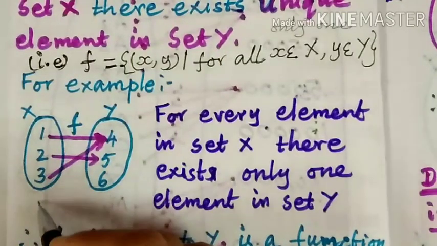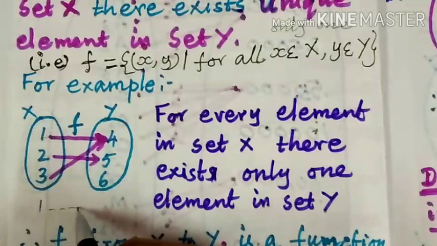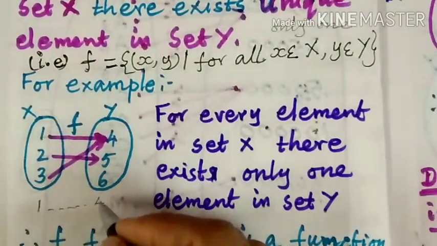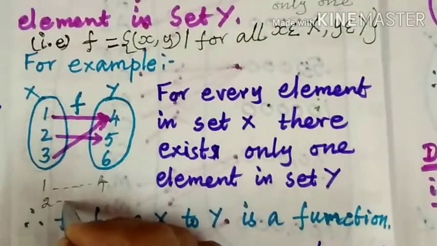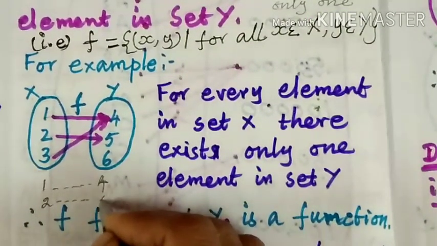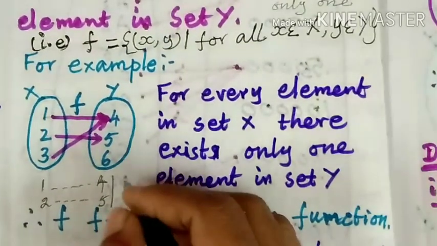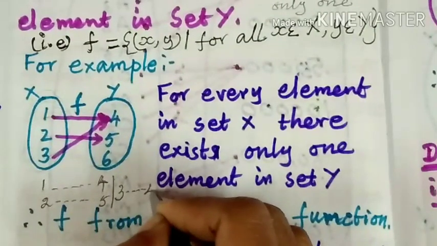See, 1 is associated with 4, and 2 associated with 5, and 3 associated with 4.